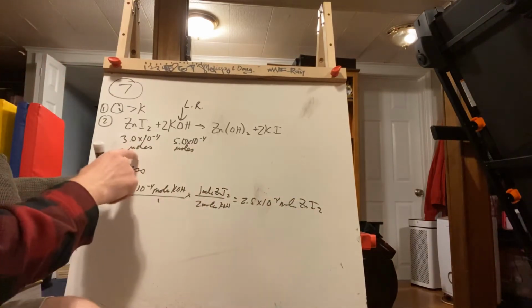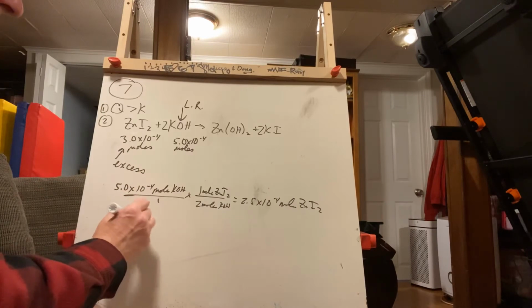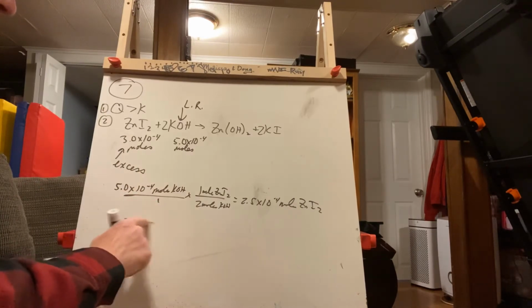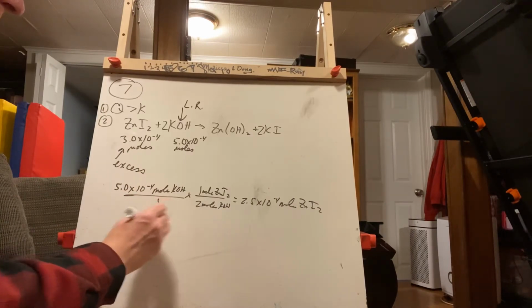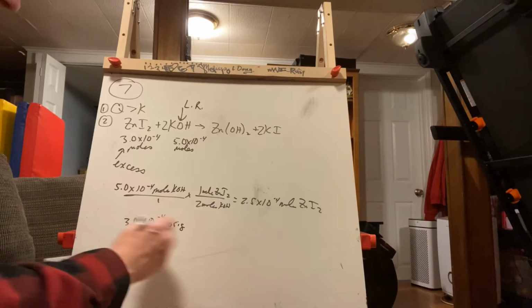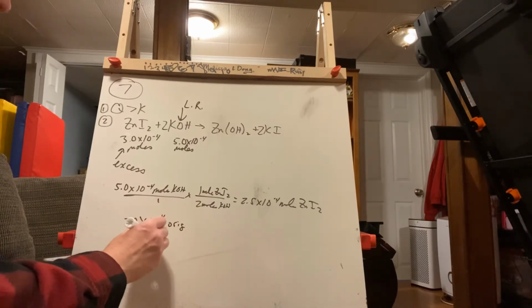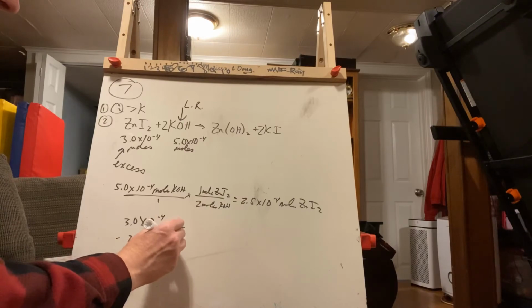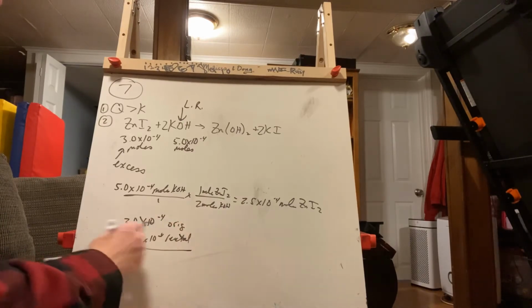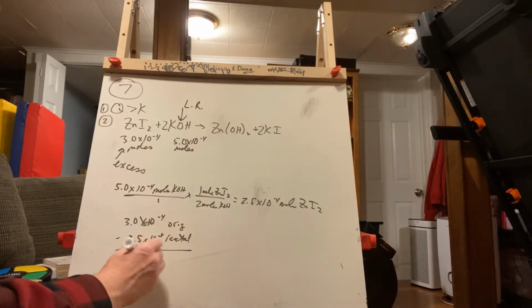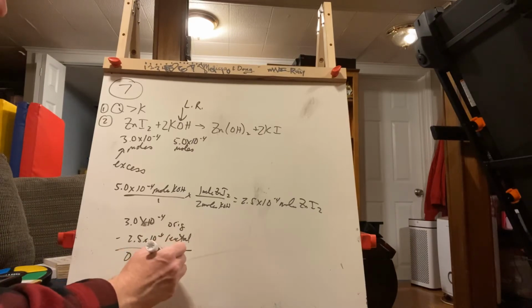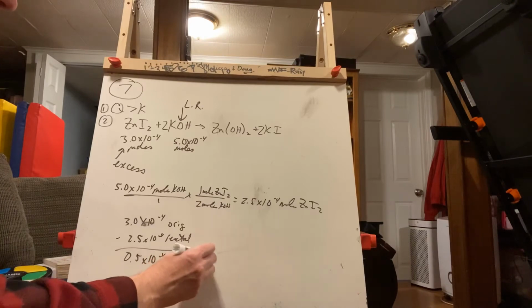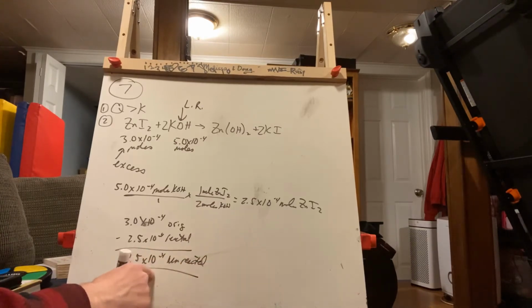Then we take our original moles of ZnI2, 3.0 times 10 to the negative 4th, minus 2.5 times 10 to the negative 4th reacted, to give us our leftovers: 0.5 times 10 to the negative 4th unreacted.